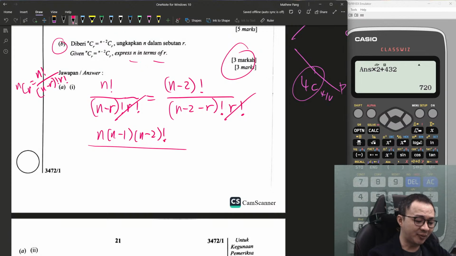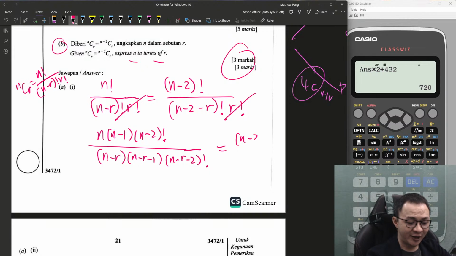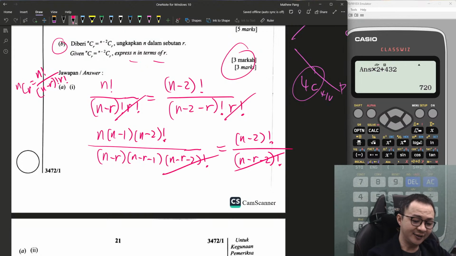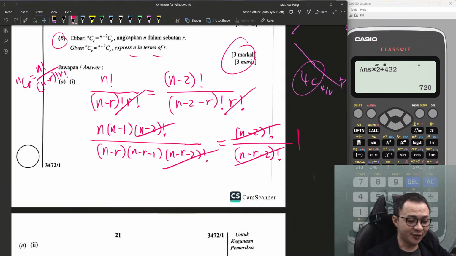Over this one, the bottom, I also will expand: n minus r, n minus r minus 1, n minus r minus 2 factorial. Then this n minus 2 factorial I can cancel. This n minus r minus 2 factorial I can cancel. Here left 1.